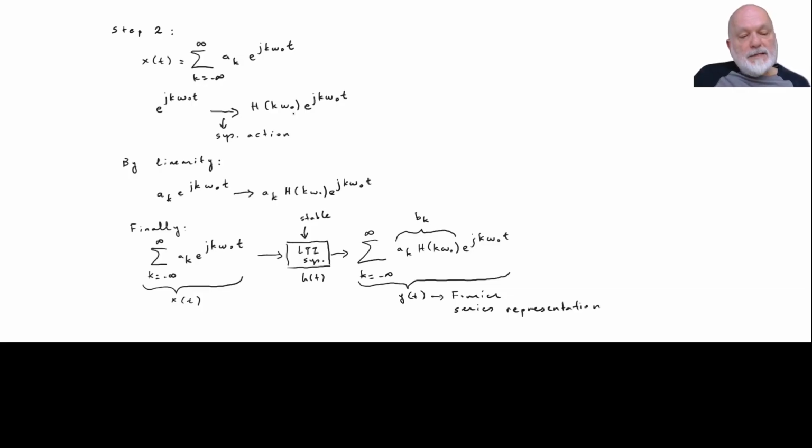Okay, as a result, now we have shown that y of t is also periodic because we have obtained the Fourier series representation.